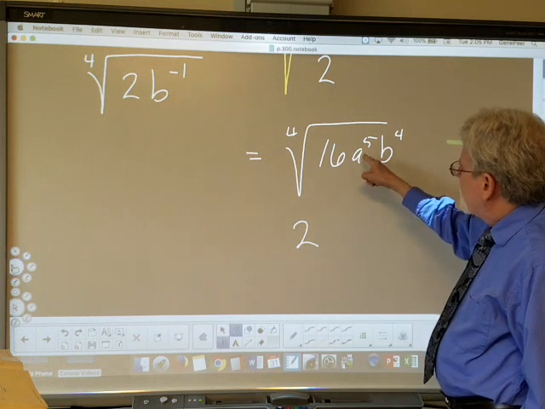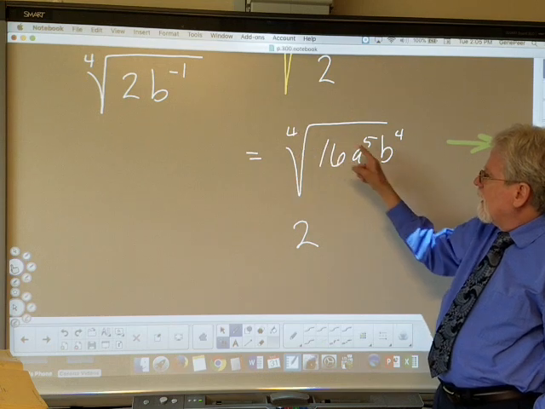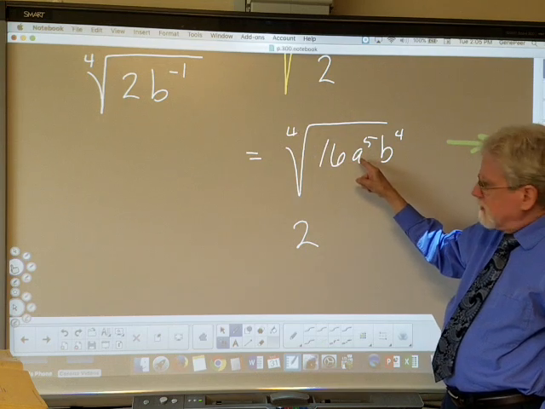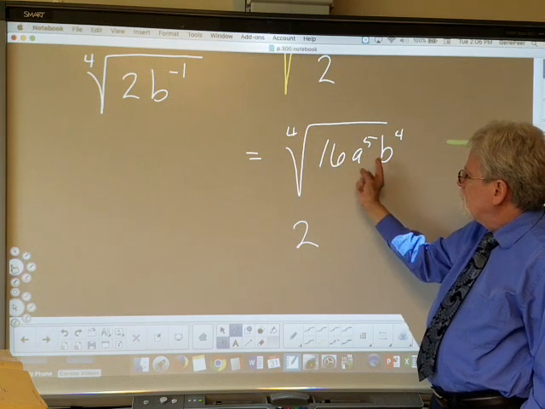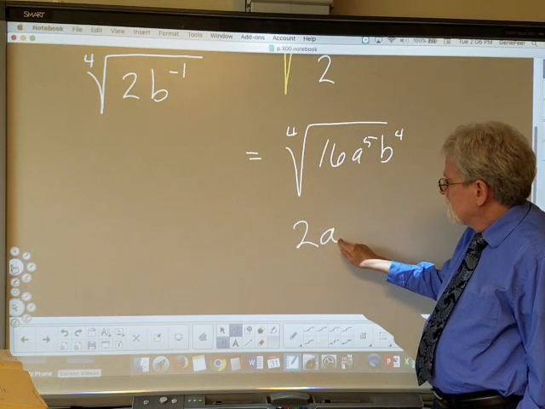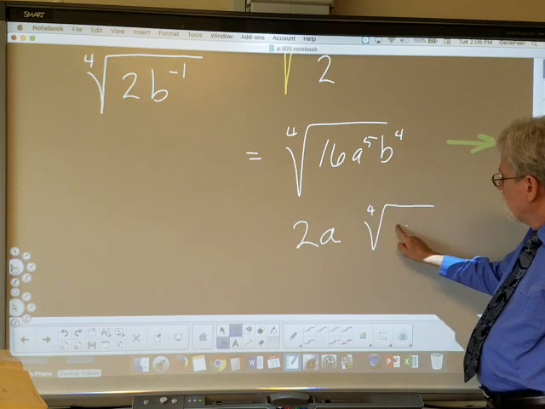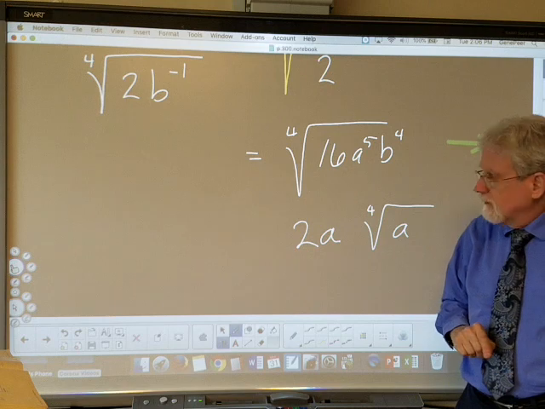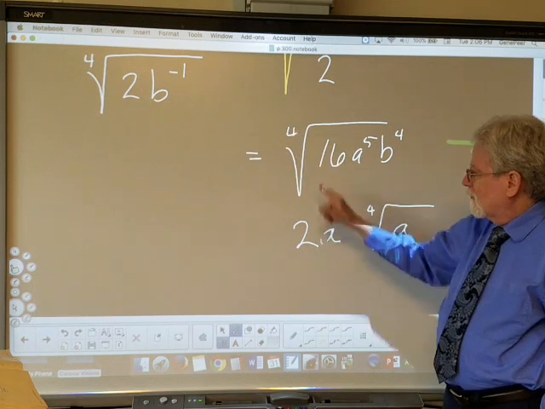What about this a to the 5th? Remember the trick here. We can take out any multiples of 4. I can take out a to the 4th. But if I take the 4th root of a to the 4th, it becomes, pa-ching, a. And I'm going to be left inside with one lonely a that got left behind. But wait a moment. Even index.